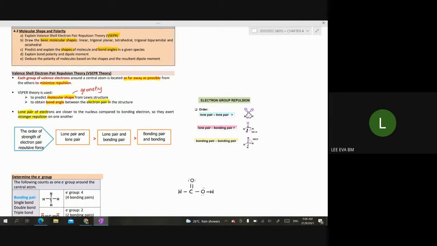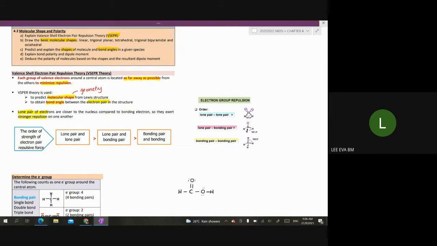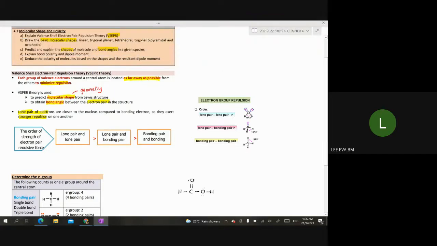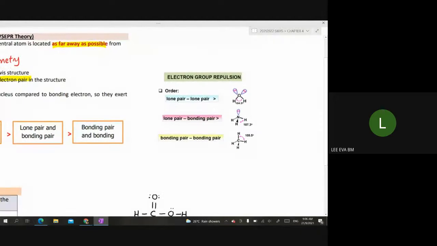So Madam harap awak faham untuk lone pair dengan bonding pair kita maksudkan apa. So Madam nak awak tengok dekat diagram dekat sini. Kita ada dua perkataan lone pair ataupun bonding pair. Okay, lone pair, if you look at your first structures here, lone pair adalah yang this one. Yang ada bulatan dekat sini.